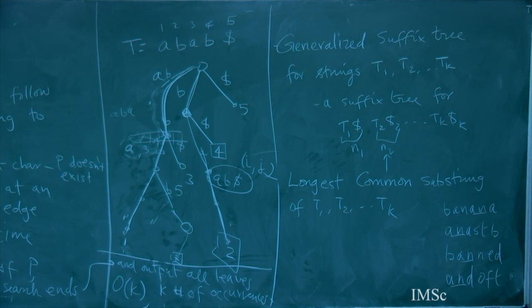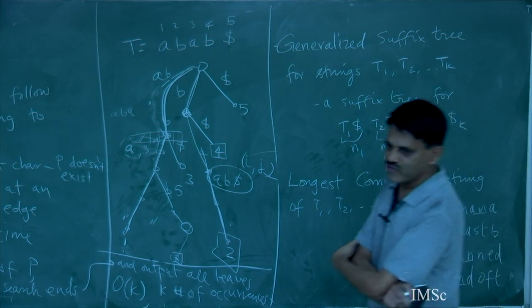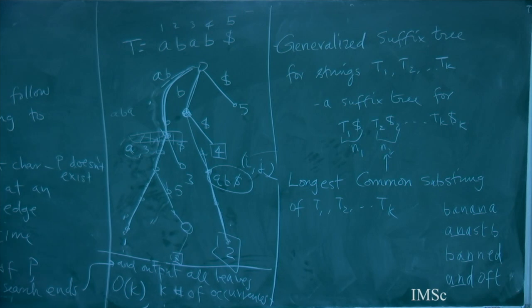But here you would try all possible substrings. Okay, let us see how you would use a suffix tree to compute it. Just think suffix trees and more or less the answer will pop out.